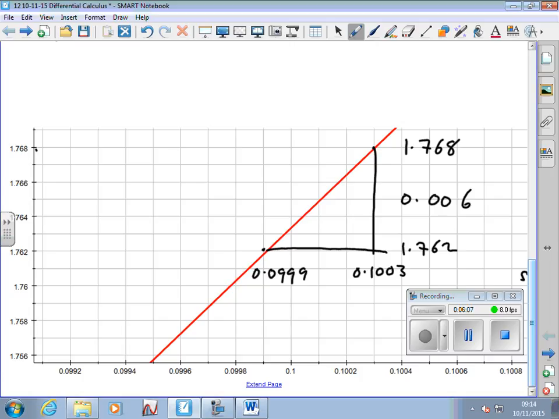Stop me if I go wrong. And 0.1003, if you take away 0.0999, is 4, isn't it? So that's 0.0004. Is that right? Now to get the gradient, I divide y by x. 0.006 divided by 0.0004. So it's like 4s into 60, which is 15.